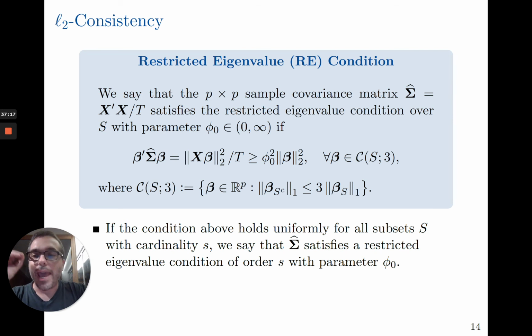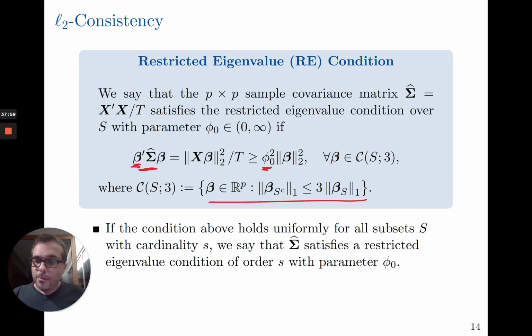So if we take any vector beta that belongs to that conic region, and for this beta, the covariance matrix, that's this thing here, is exactly the L2 norm squared of X beta divided by T. If this is larger than a constant, called the compatibility constant, times the L2 norm of beta squared, then we have this restricted eigenvalue condition.